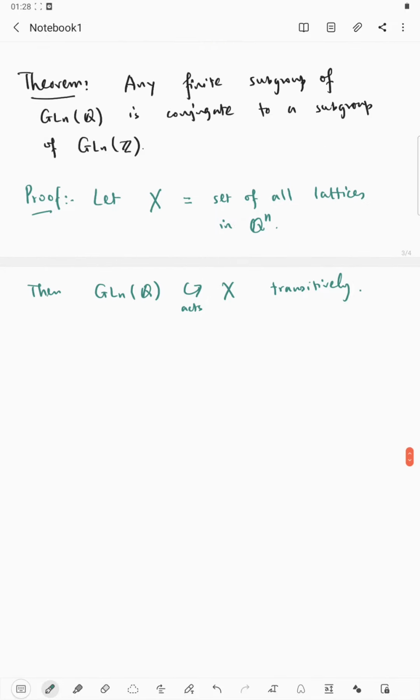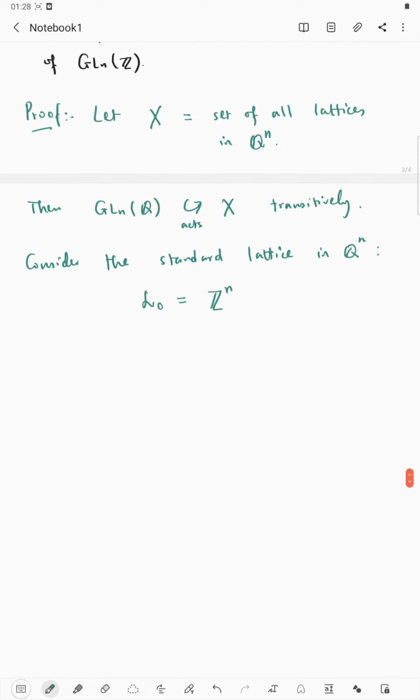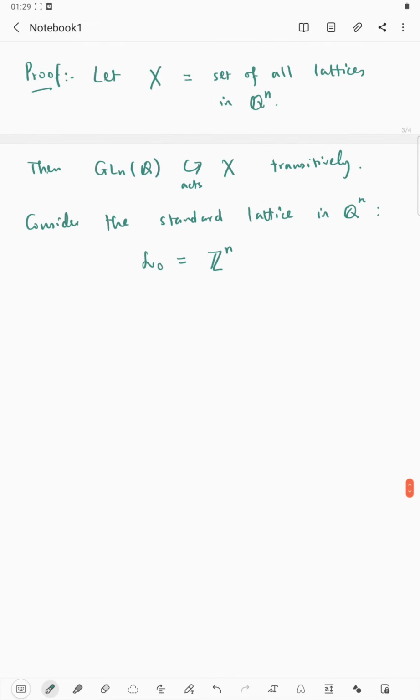Okay. Now consider the standard lattice in Q^n, denoted by L_0, which is Z^n, right?